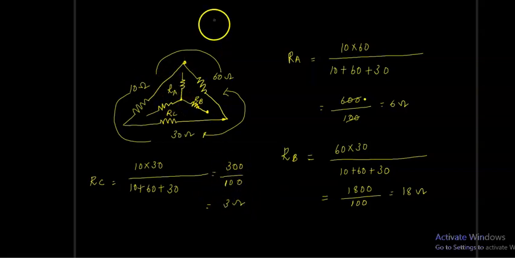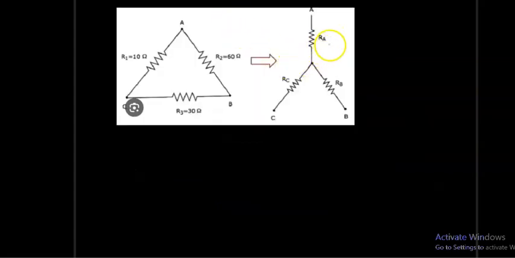So when you convert this delta connected network to star, you get the answer: 6 ohm, 18 ohm and 3 ohm.